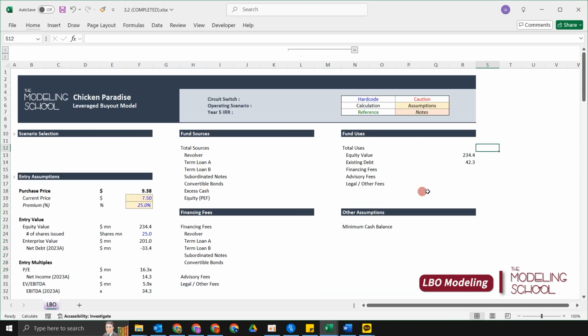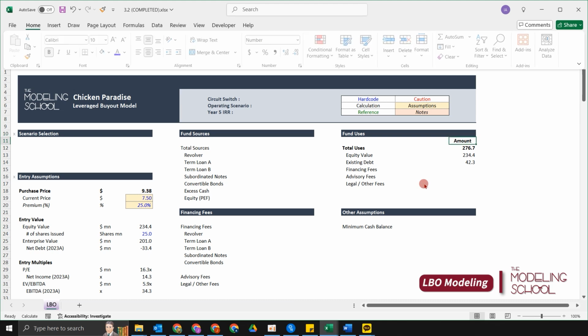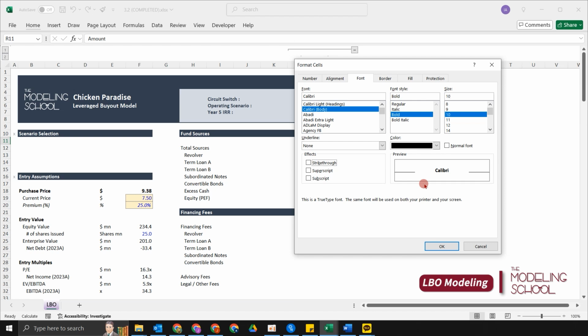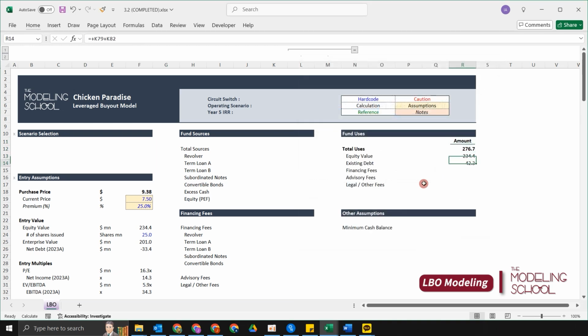So instead, let's go to the total uses and sum up these rows in advance. And actually, let's add a title. I'm going to use single accounting formats. And this is the total amount at this point.